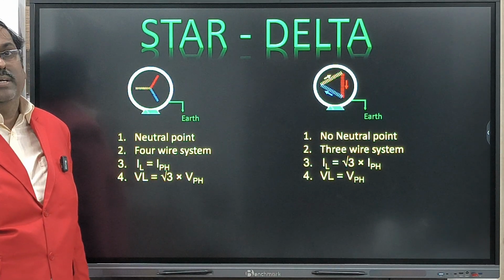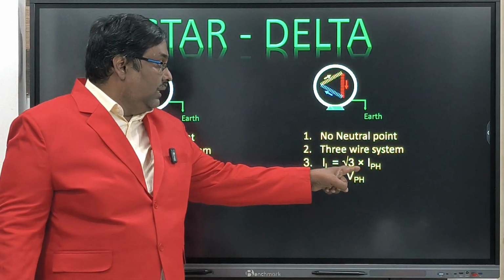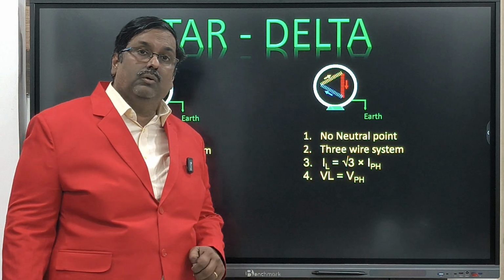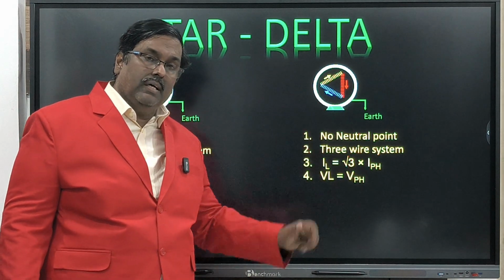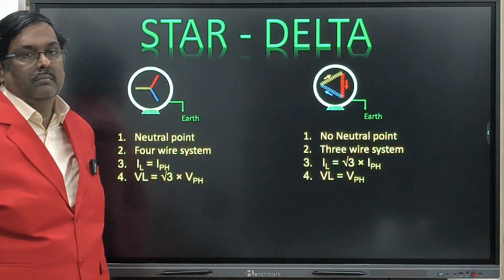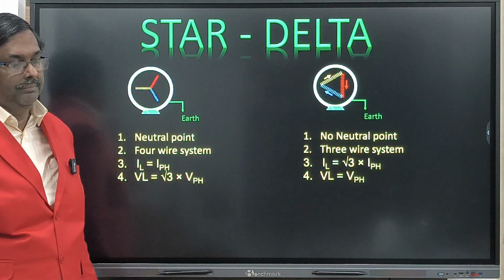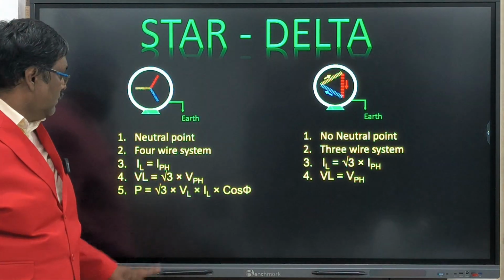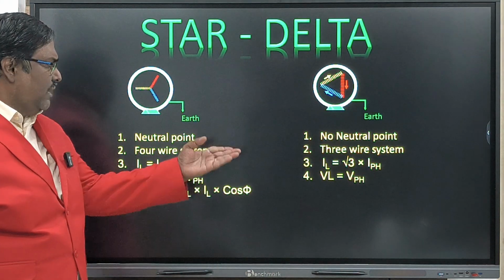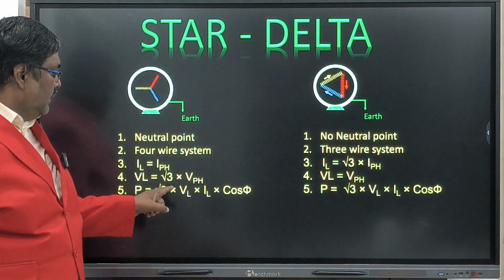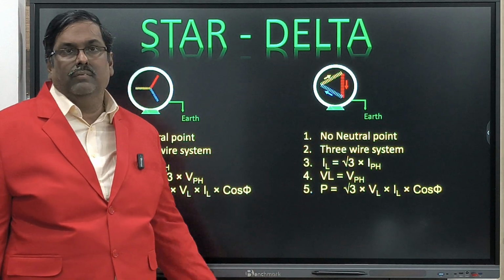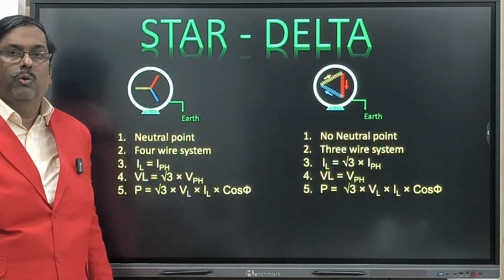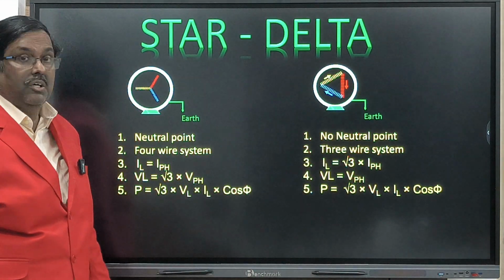Don't think this phase voltage is 220; it is 415, because that voltage is passing through the phase coil, not our alternator phase voltage. Now the power formula is the same, because here VL has root 3 and there IL has root 3. So the formula is more or less the same, no difference in the calculation of the power.